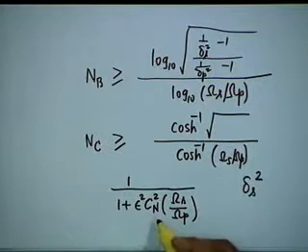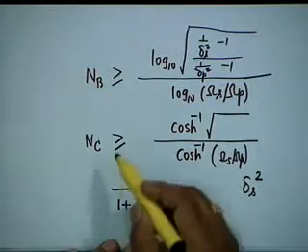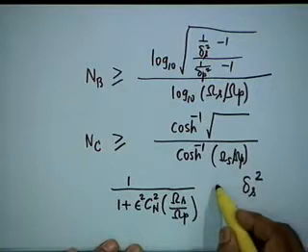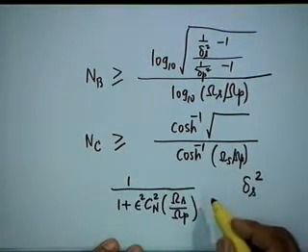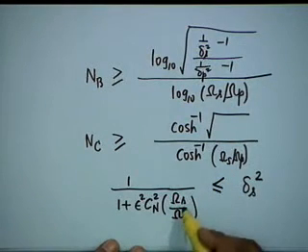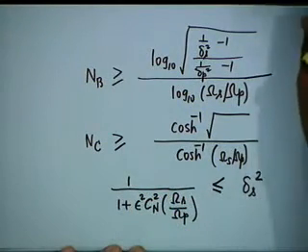But as you know, capital N found from this relationship may or may not be an integer. That is why there is an inequality sign here. So, we should write this as less than or equal to. The transmission at omega s should be less than or equal to delta s, and since this is a squared, it is delta s squared.